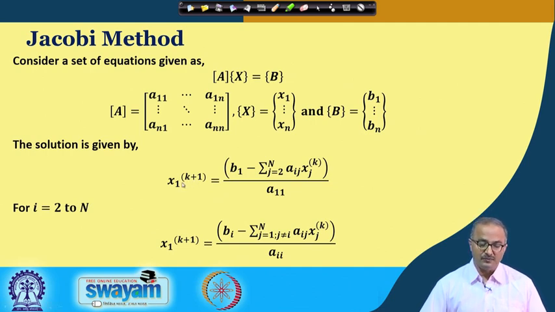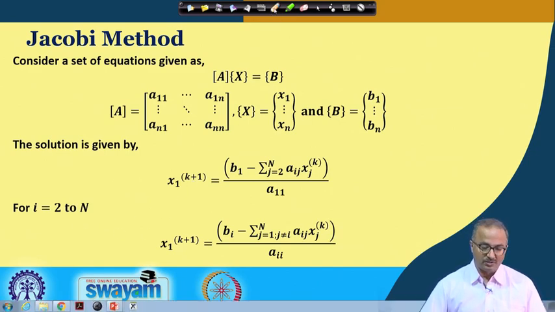Here you see that we are getting x1 k plus 1. So, this k tells us the level of the iteration. Suppose k is 0, which means our initial guess values; from that we can update the value of x1.